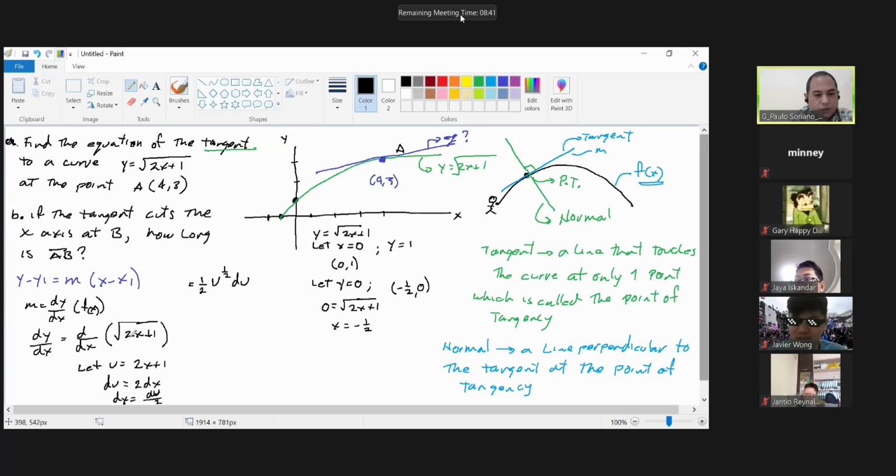This one becomes u raised to 1/2, then the dx is going to become du over 2. So that's 1/2 du, u raised to 1/2. Okay, getting the derivative, it will give us what?